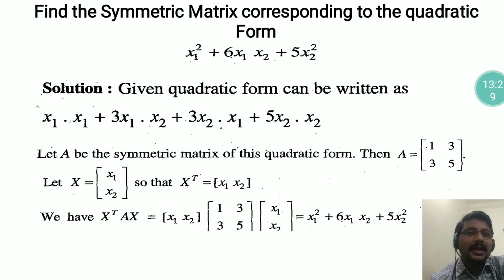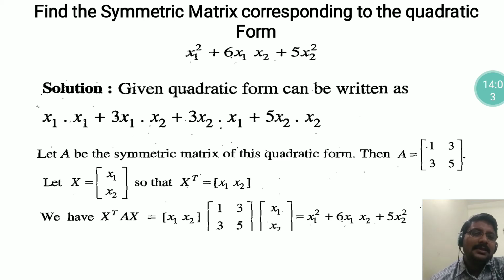Find the symmetric matrix corresponding to the quadratic form x1 square plus 6x1 x2 plus 5x2 square. The given quadratic form is split like this: x1 square can be written as x1 into x1, plus 3 x1 into x2, plus 3 x2 into x1. Lastly, x2 square can be written as x2 into x2. So 6x1 x2 is split as 3x1 x2 plus 3x2 x1.